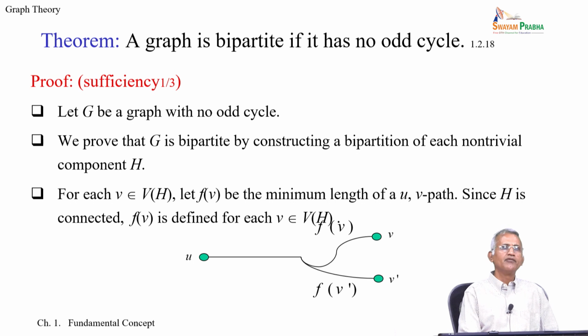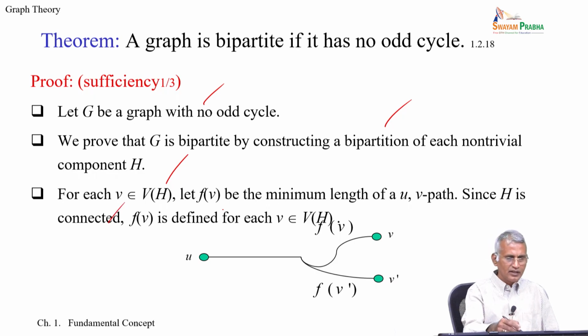Next, a graph is bipartite if it has no odd cycle. Proof: let G be a graph with no odd cycles; we show G is bipartite. By construction, for the bipartition of each non-trivial component H, you take u in V of H and f of v the minimum length of a u,v path.